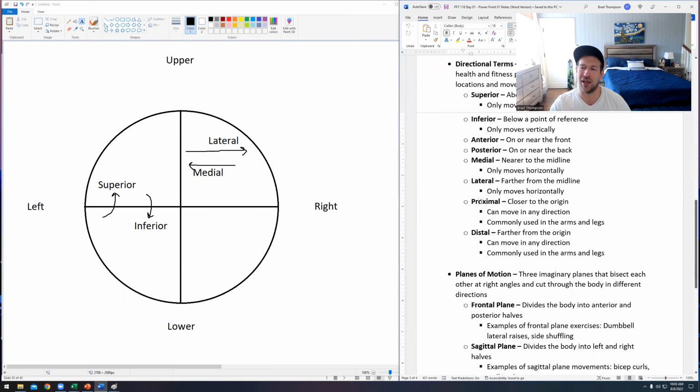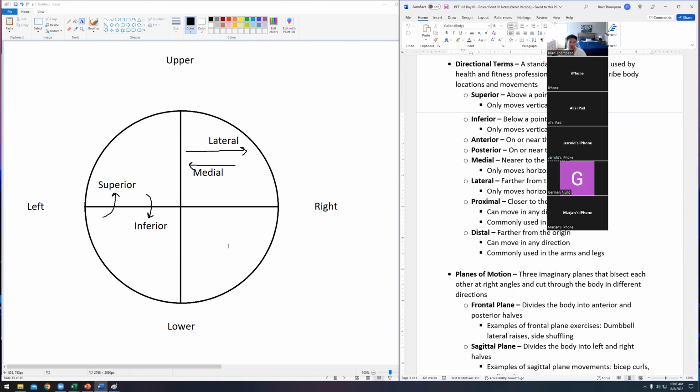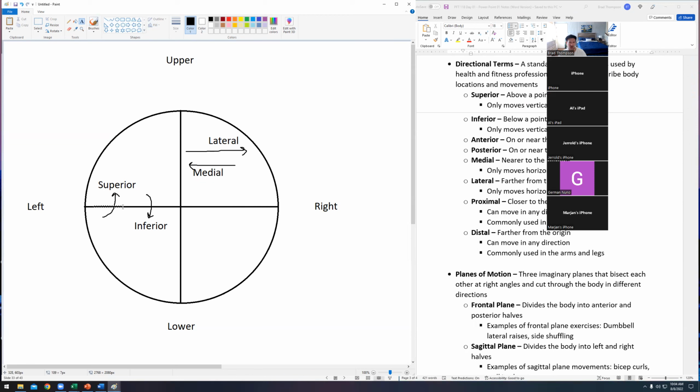And then we've got the two kind of confusing ones: proximal and distal. There is a difference between the middle of something and the center of something. This horizontal line right here is the middle of the circle, but this vertical line right here is also the middle of the circle.